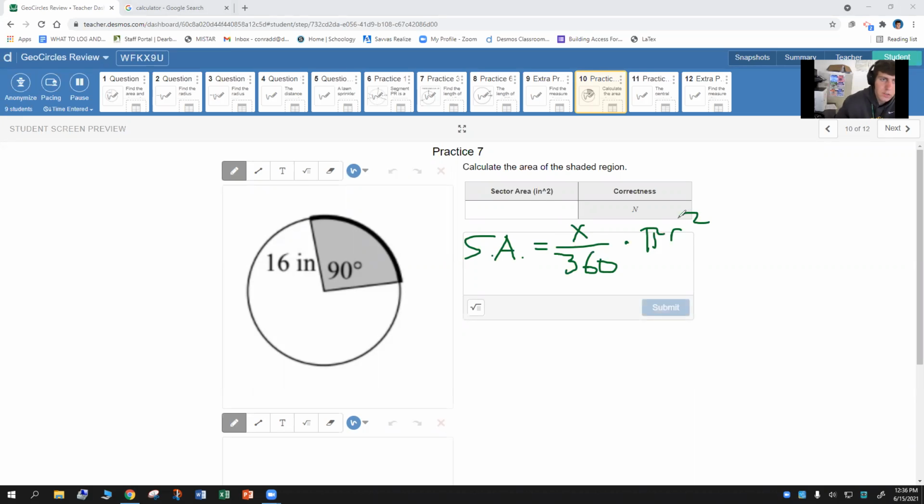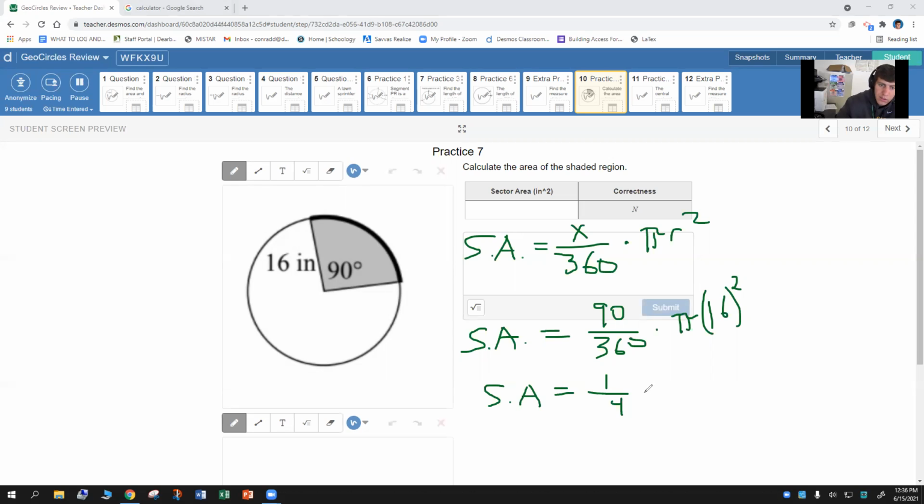Practice 7 wants us to find the area of the sector. 90 degrees is the measure of our central angle, so 90 over 360 times pi, and our radius is 16 squared. So that's going to be 1/4 times pi, and 16 squared is 256.